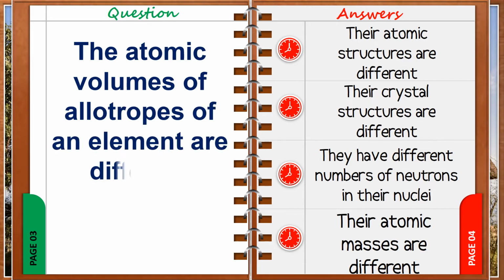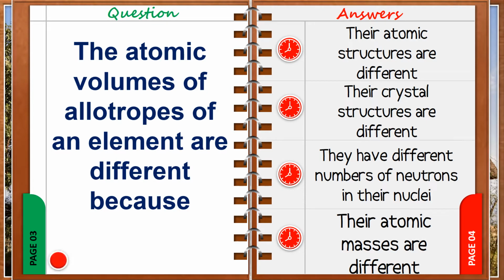The atomic volume of allotropes of an element are different because their crystal structures are different.